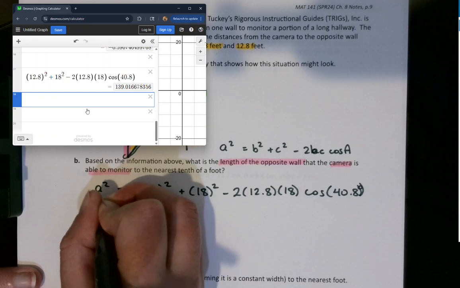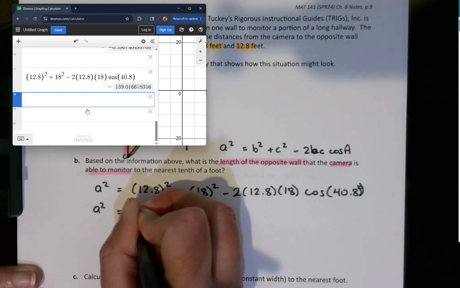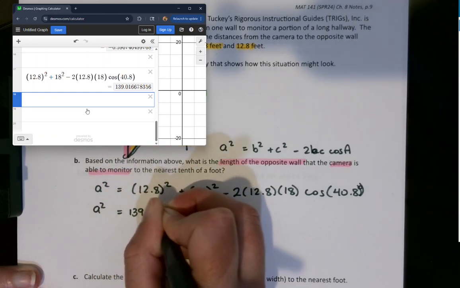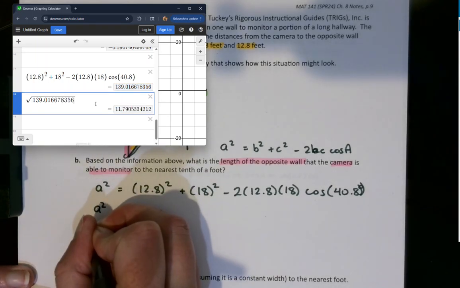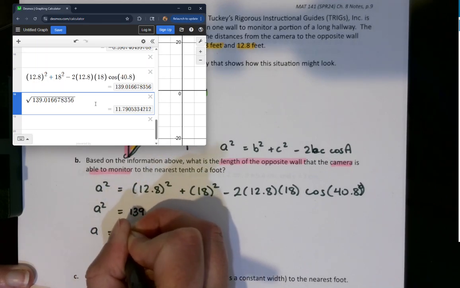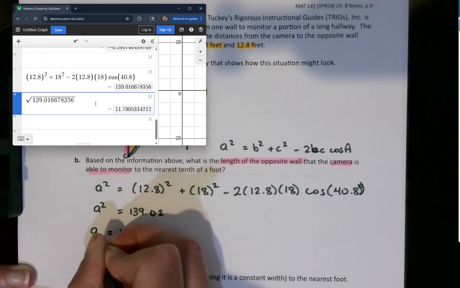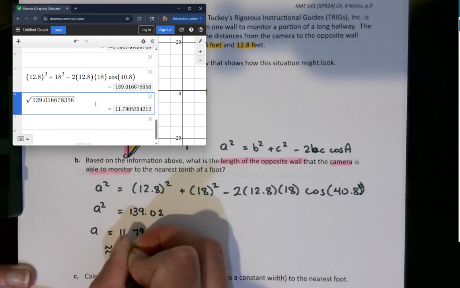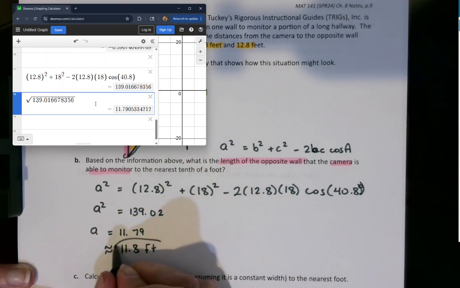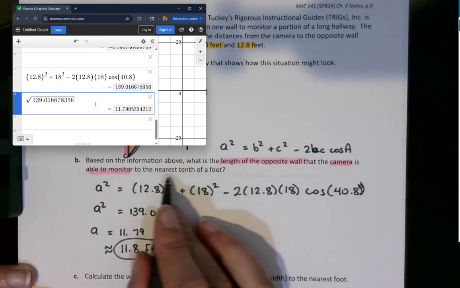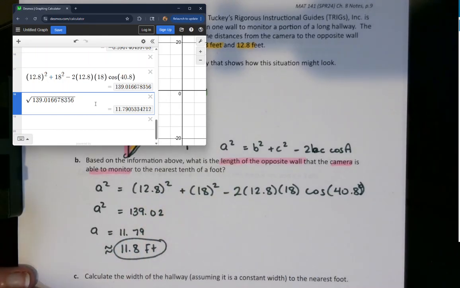We've got A squared equal to 139.02. And if I take the square root of both sides, we'll get a distance of 11.79, or approximately 11.8 feet for A. We were asked to round to the nearest tenth, so to 1 decimal place.